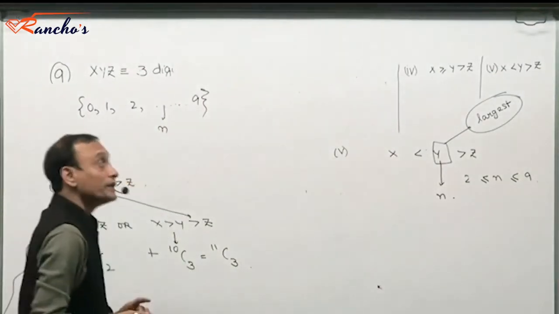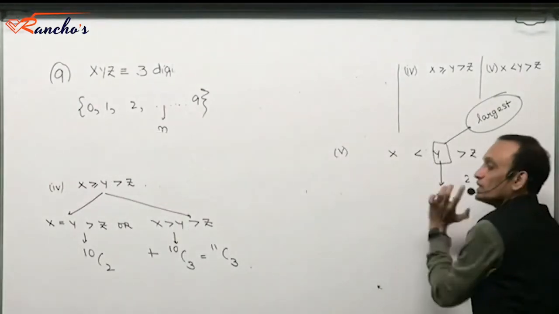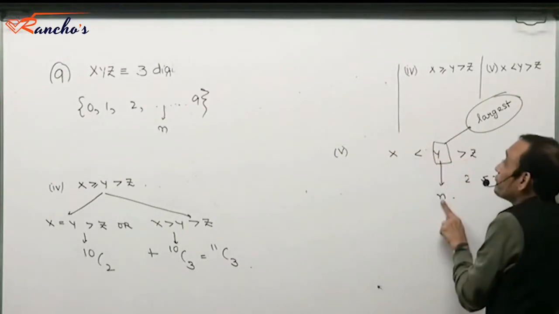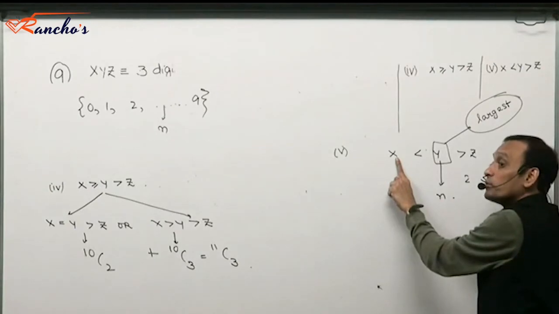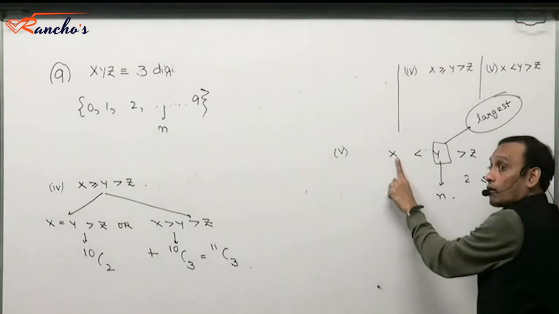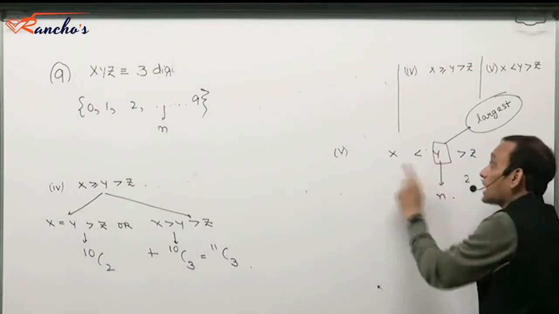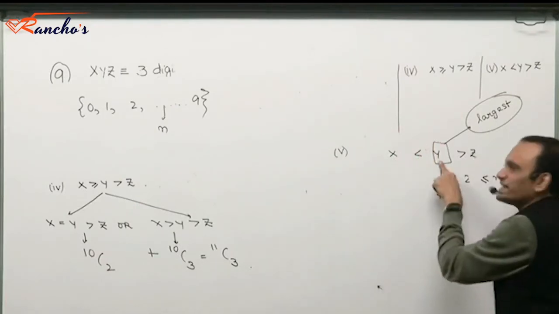Okay. Now, for a given n lying in this interval, it's about how many xz pairs exist. If y is n, x is less than n, how many possible values of x? If y is some n, x can't be 0. X can be 1 to n minus 1 because x is less than y.